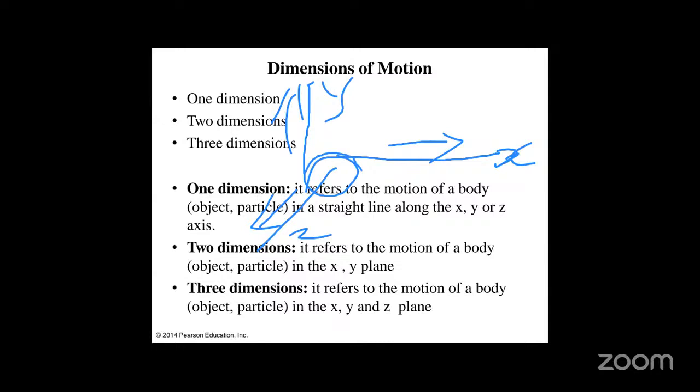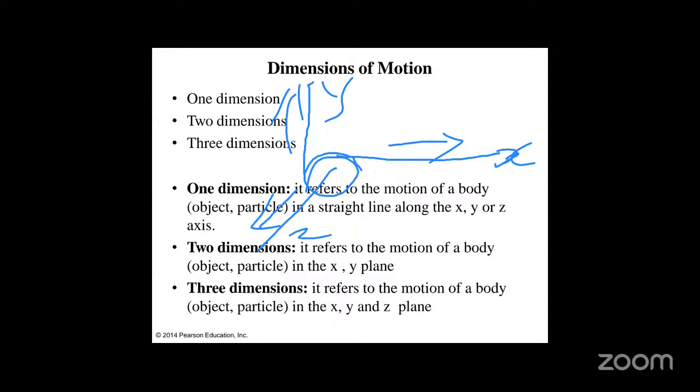Take, for instance, a lift in a tall building. The lift is going up or is coming down. That is one dimension. That is moving vertically. And then another example is a car on an expressway moving. It is moving horizontally.